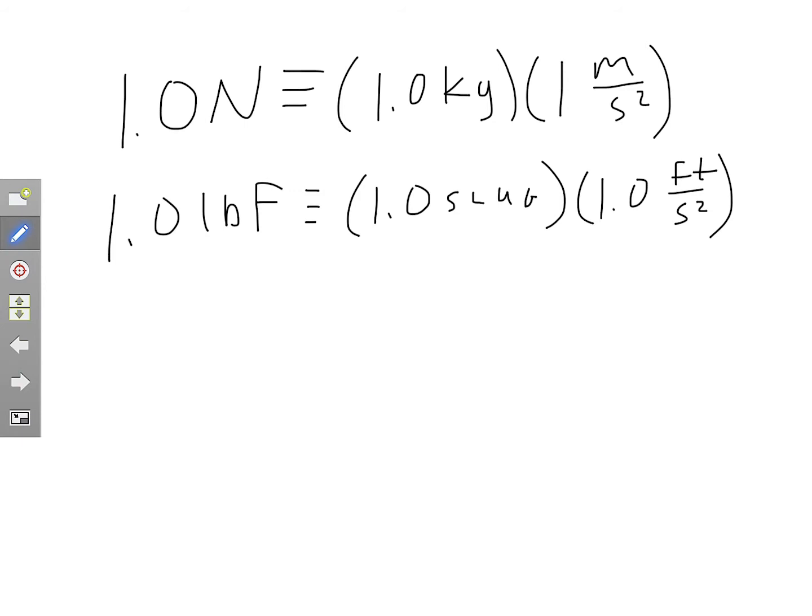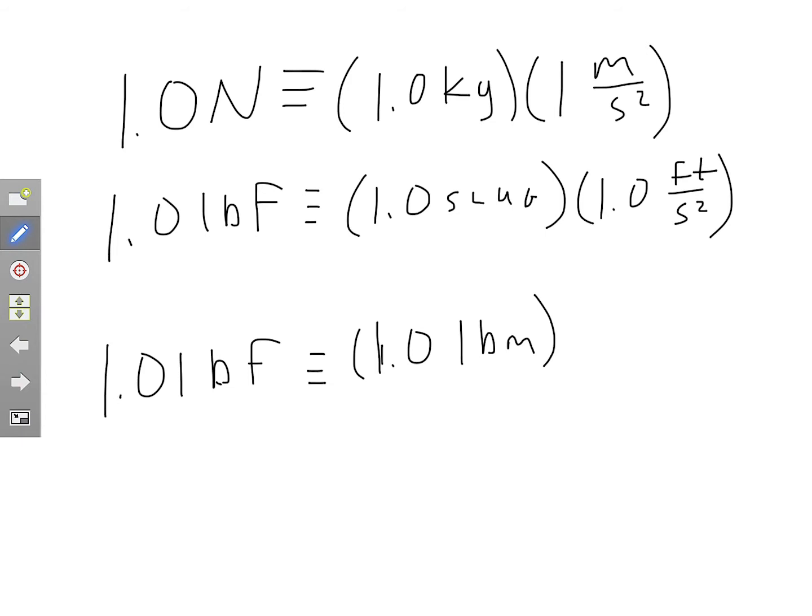And in addition, 1 pound force is also defined to be the amount of force that you get from the force exerted by a 1 pound mass accelerated at a rate of 32.2 feet per second squared.